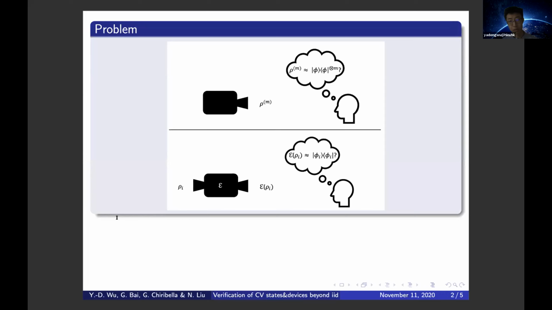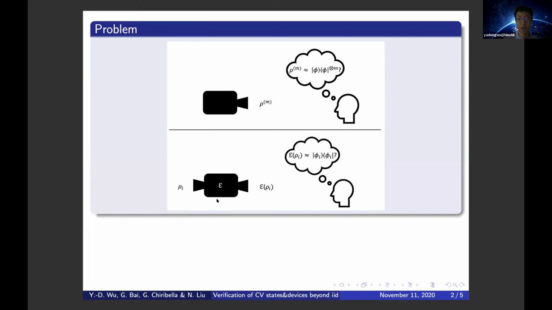So given a quantum device, it outputs a certain unknown multipartite quantum state rho m, and the verifier needs to verify whether this output state is close to a tensor product of certain pure target states phi. In a more general case, this quantum device outputs different quantum states depending on the input state.